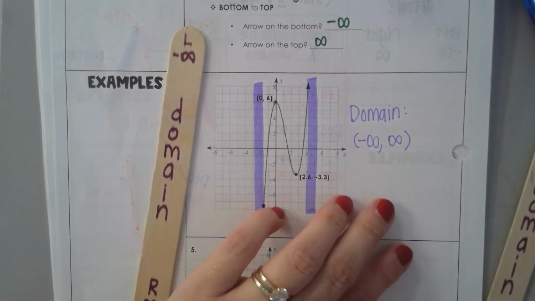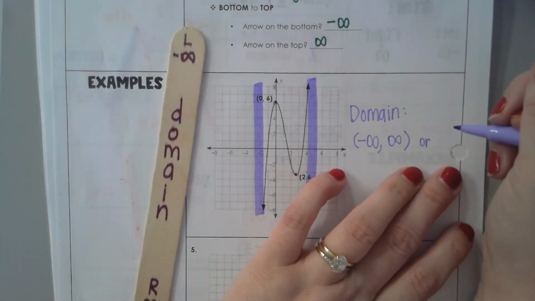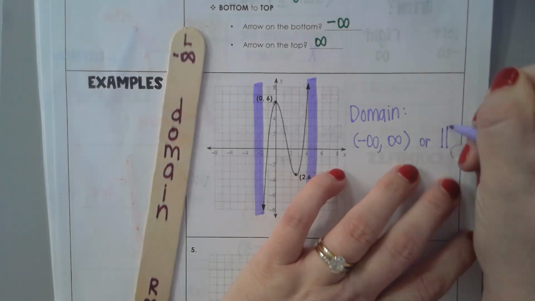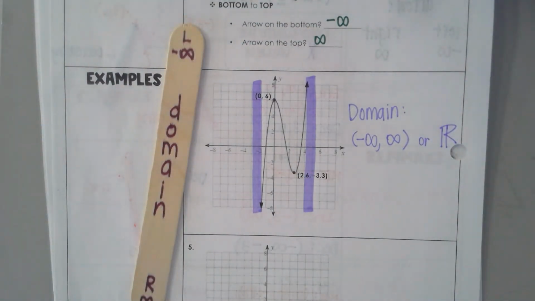Another way we can write that is this symbol that represents all real numbers. It's like an R, but it's got two lines, like that. That's a symbol that means all real numbers.